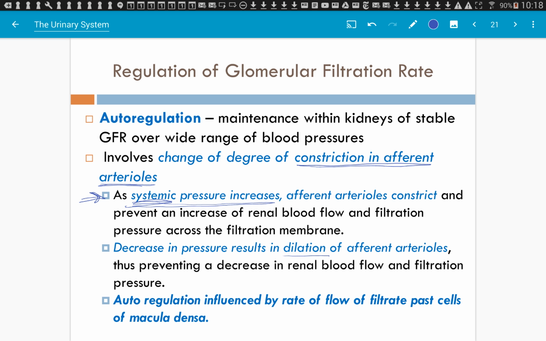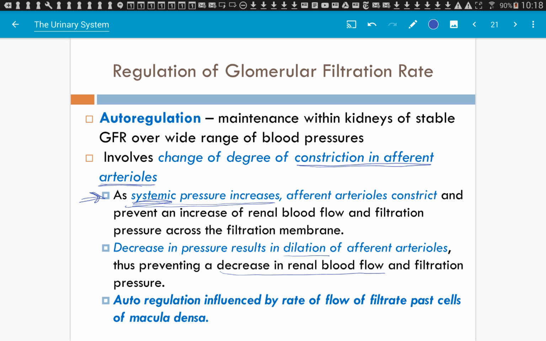Okay, so more blood flowing into the area, which will help prevent a decrease in the filtrate formation. So it's trying to keep the filtration rate constant, and it adjusts that with the constriction or dilation of the afferent arteriole regardless of what your blood pressure is doing.